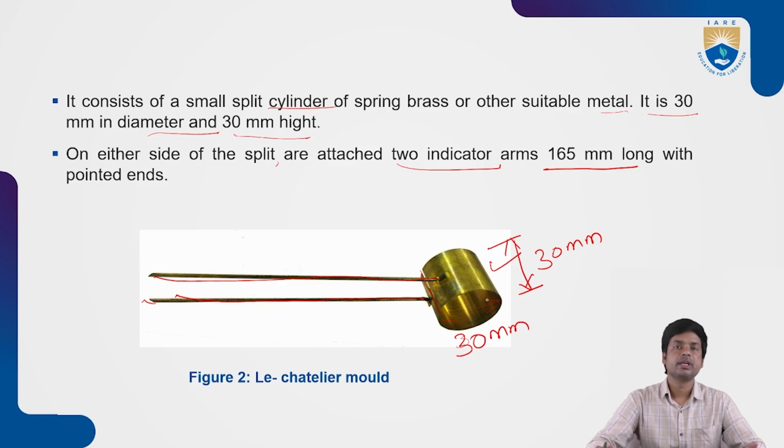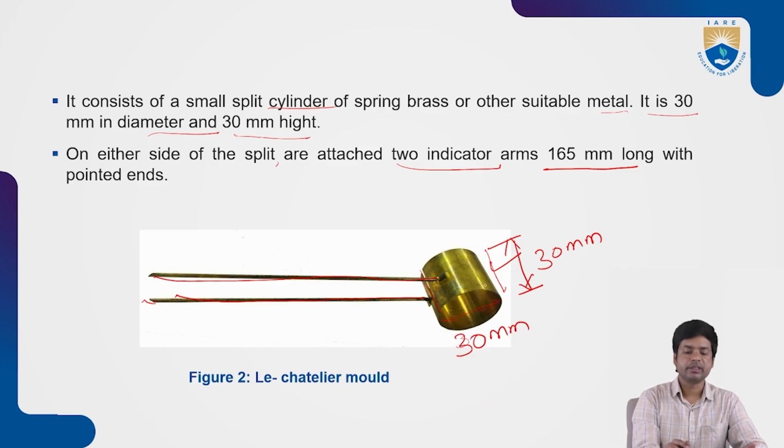So this is the Le Chatelier mould: the diameter is 30 mm, the height is 30 mm, and the indicators are 165 mm long, attached to the cylinder on both sides of the split.